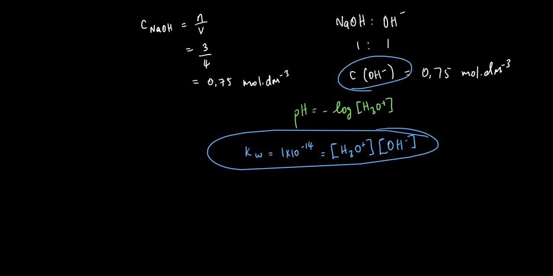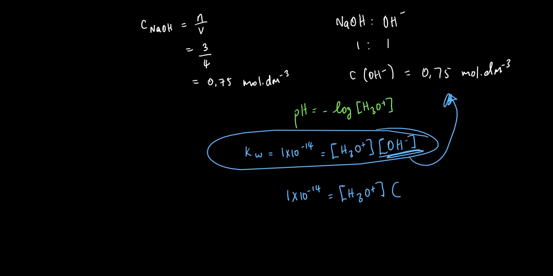You're looking for this, you don't have it, so you just write concentration of H3O plus, and then you do have this one because you just calculated it, so you substitute it there and use round brackets because you are substituting. Then you divide both sides by 0.75. Now that shall leave you with the concentration of H3O plus, the one we are looking for.